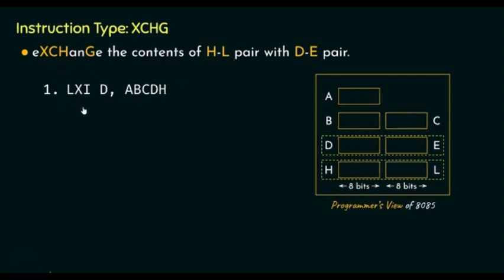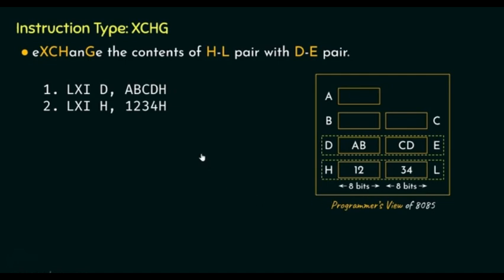Now once the microprocessor executes this instruction, within the DE pair, the data that is ABCD will be loaded. So let's assume the instruction has been already executed. So within the DE register pair, we will have this value now. Now coming to the next instruction, the instruction LXI H, 1234H will be executed by the microprocessor, and if it is executed, within the HL register pair, the value 1234 will be loaded.